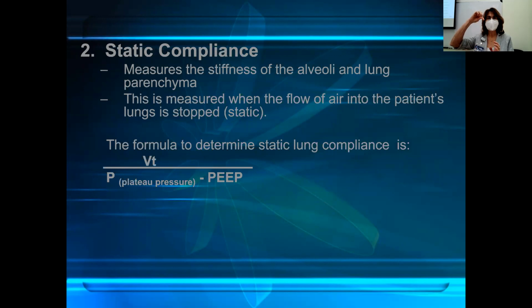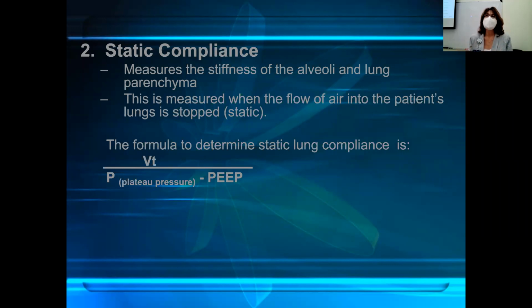Then when you do your inspiratory hold and a breath hold, now you're taking away airway resistance and you're only seeing the pressure it takes to keep that breath of air in the lungs. That will be a lower pressure because it does not include any of the airway resistance.